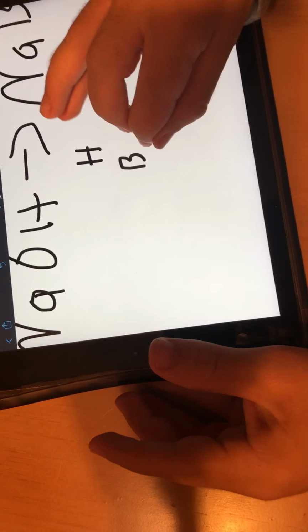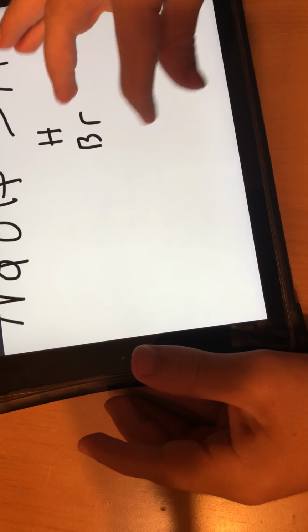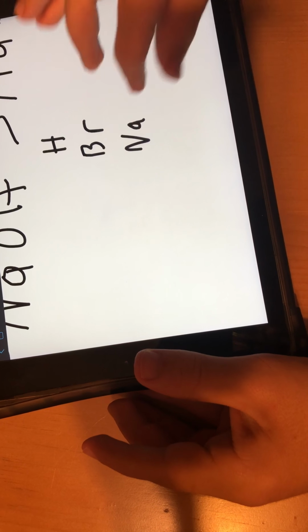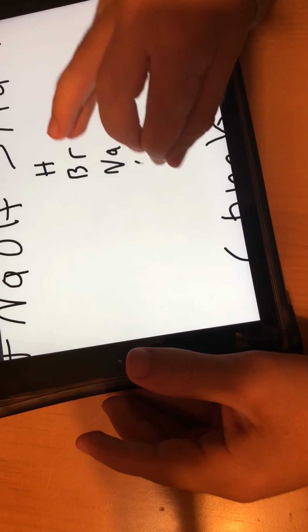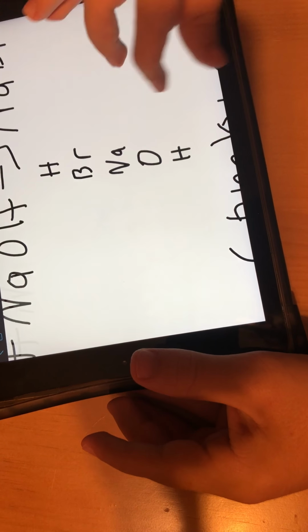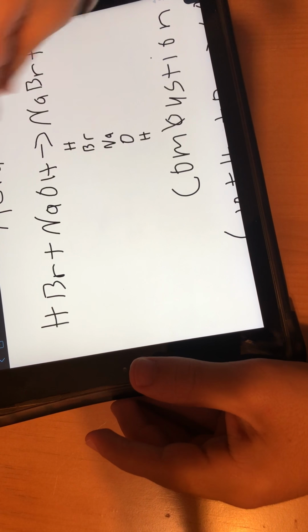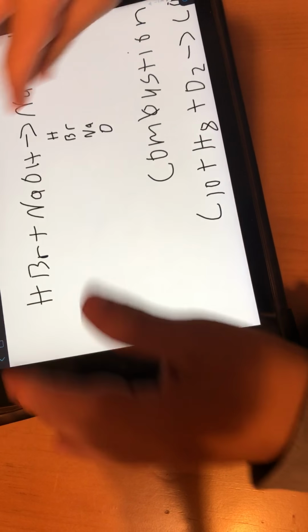Okay. So we have HBr and NaOH, and just like we did with the NO, we're going to split up the O and the H. We don't have to list H again because it was already there.